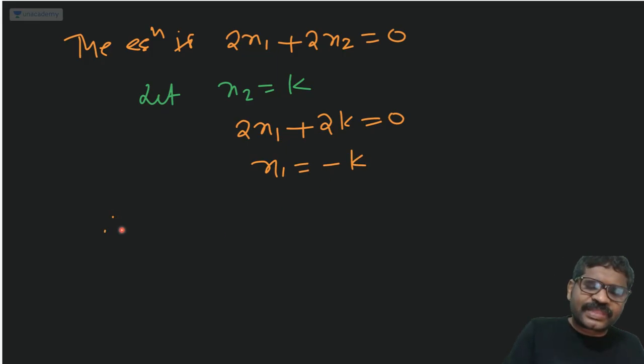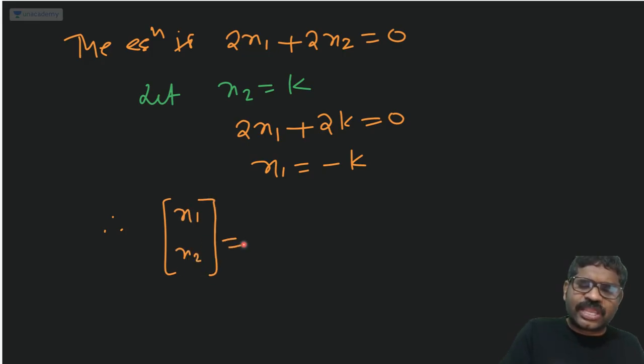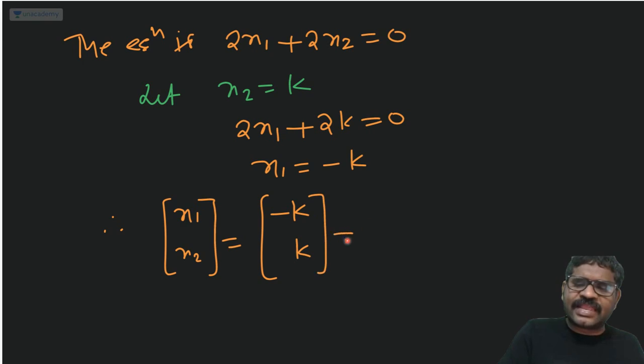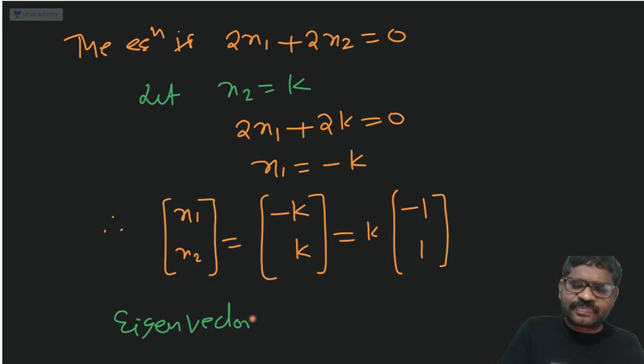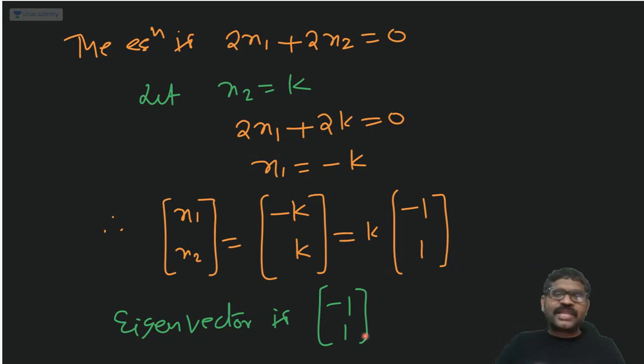Therefore, x1, x2 is minus k. Take k common: minus 1, 1. Now, the eigenvector is minus 1, 1. Eigenvector is minus 1, 1.